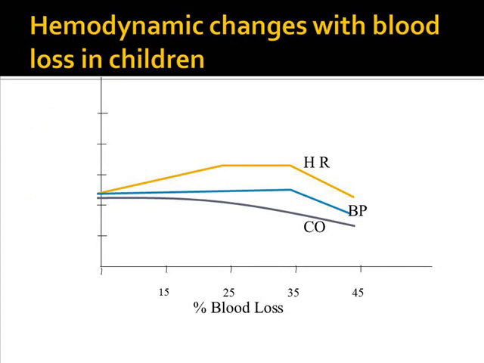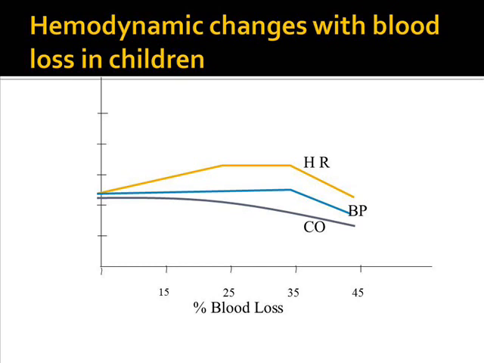Then in circulation, these are some of the considerations that we need to note as shown in this graph. This graph shows hemodynamic changes that occur with blood loss, and these changes are in the heart rate, blood pressure, and cardiac output. The heart rate rises slowly with blood loss, and at about 25% blood loss, it remains the same up to around 35%.